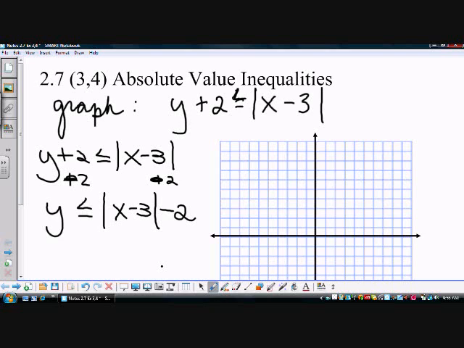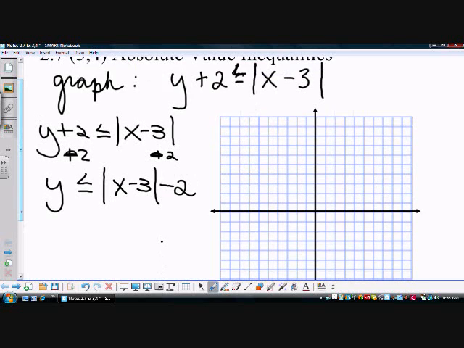If I just think of y is equal to the absolute value of x minus 3 minus 2, where do I think of the vertex? For the 3 inside the absolute value, that's one where I change the sign. I do the opposite sign.